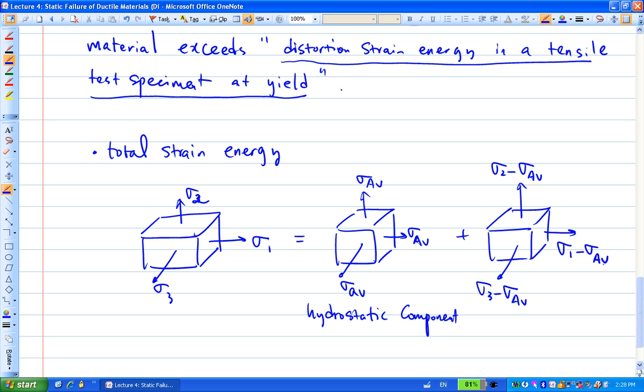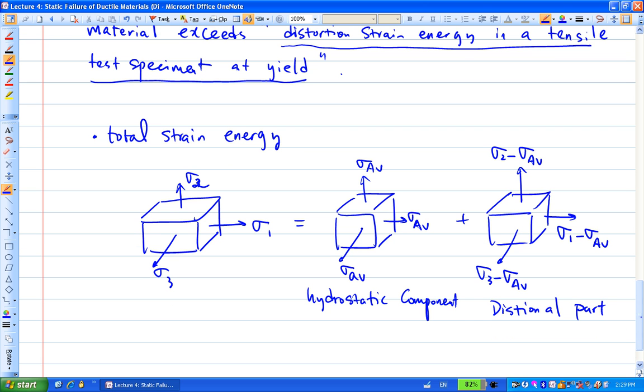For the second component, the three things are not necessarily the same value now. So the second one is what we call the distortional component.